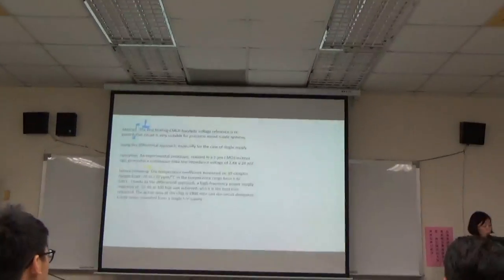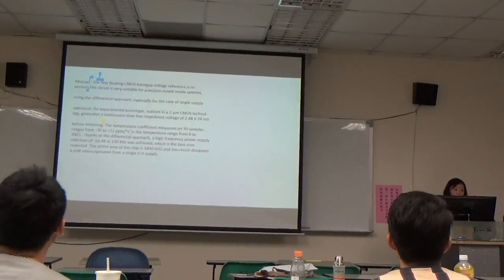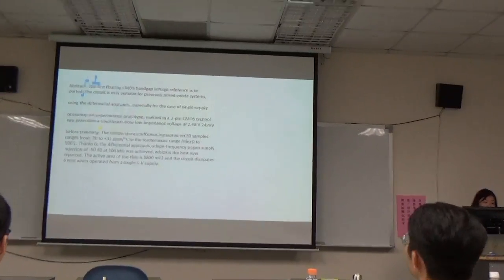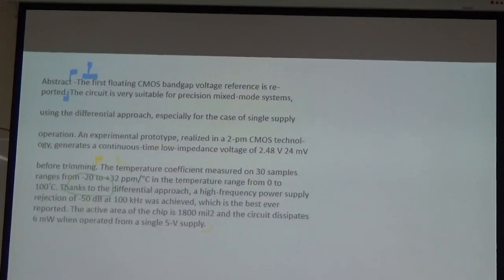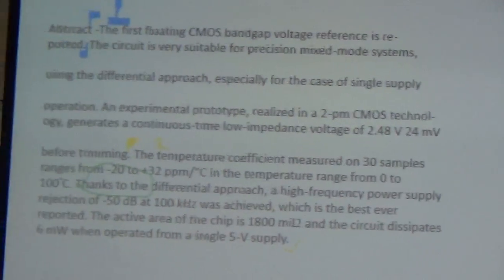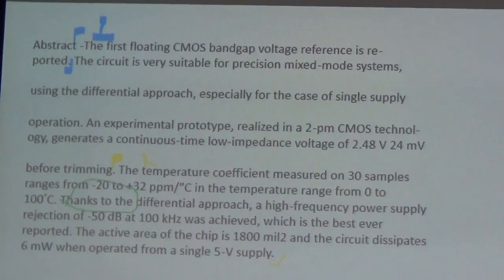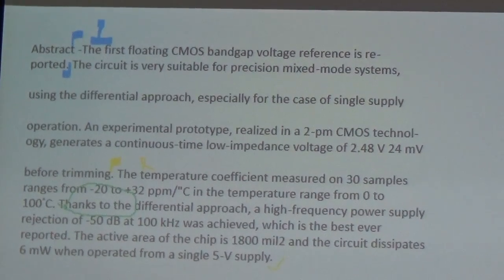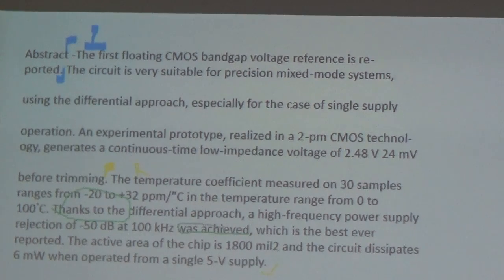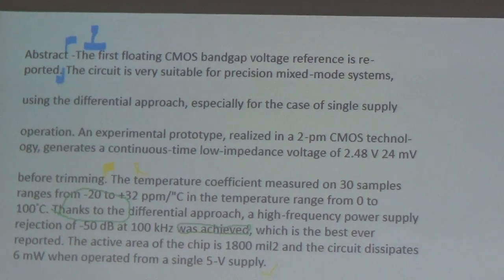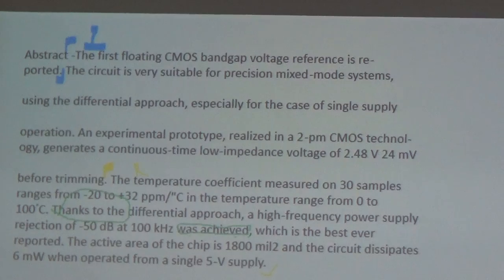The English in this paper is not really well written. Thanks to the differential approach, the style of English is not a standard way of writing an academic paper. And you find this verb again, achieve. So this is the result. So you have the result here.